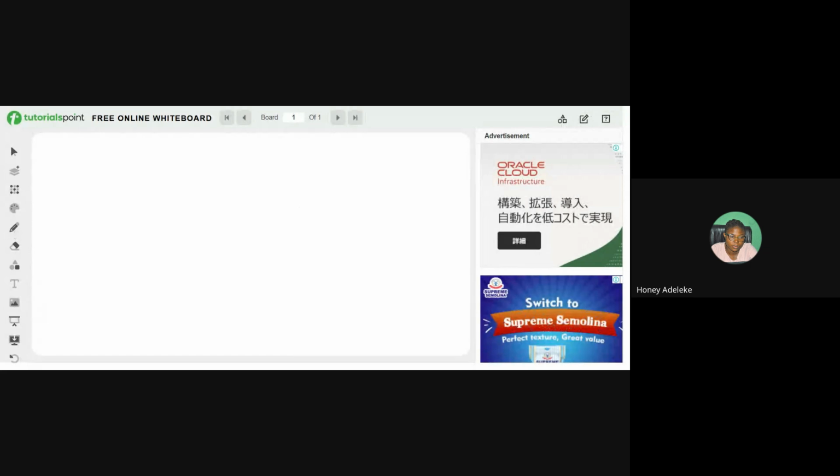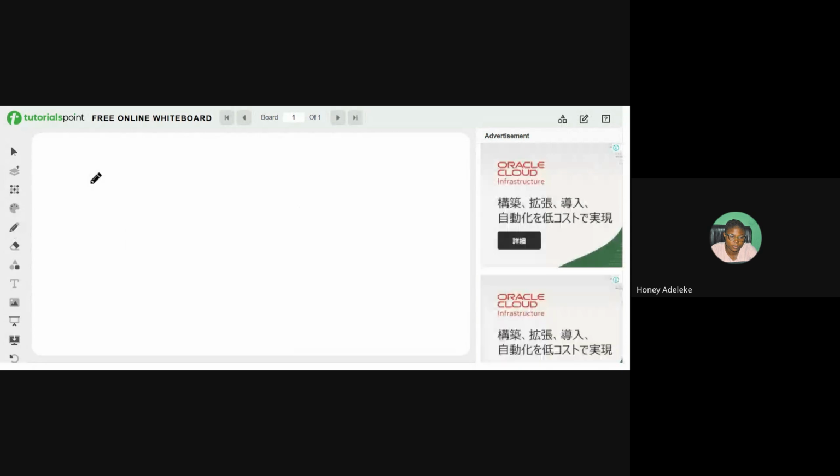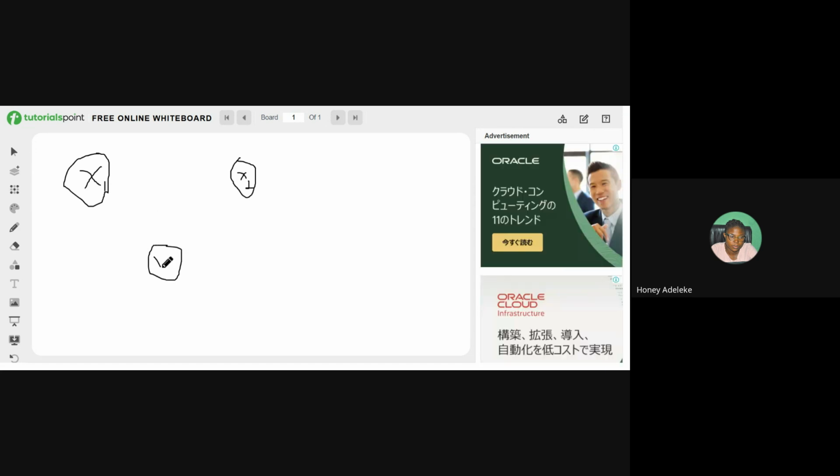So when we talk about a directed graph, when we have something like maybe x1 as a node, then somewhere here maybe we have x2, then maybe here we have x3, then we have the edges, maybe something like this.